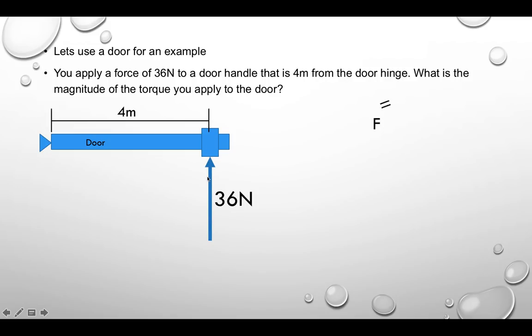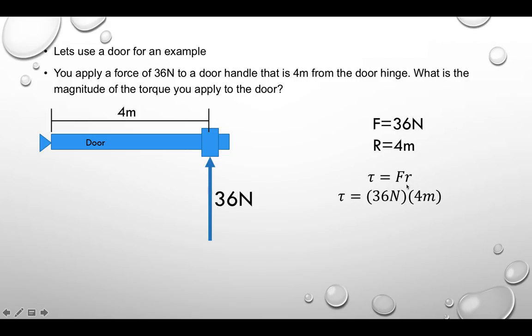If we're following the PSR, we're writing what we know, because here's the picture, the free body diagram. We know force equals 36 newtons. The radius, r, is 4 meters. Here's our formula. Tau equals force times radius. We're going to substitute what we know in.